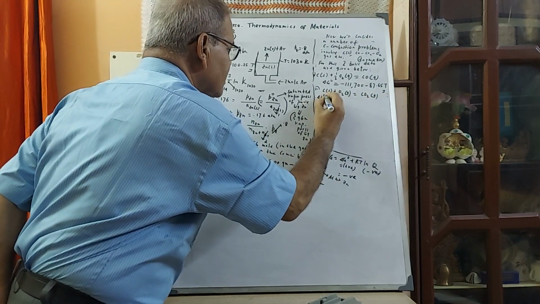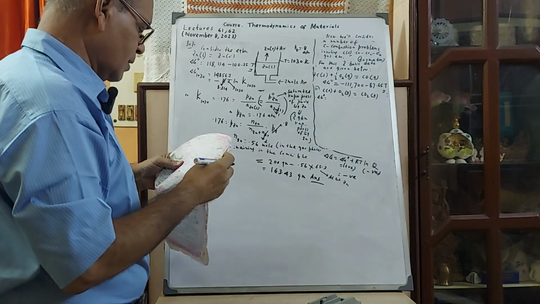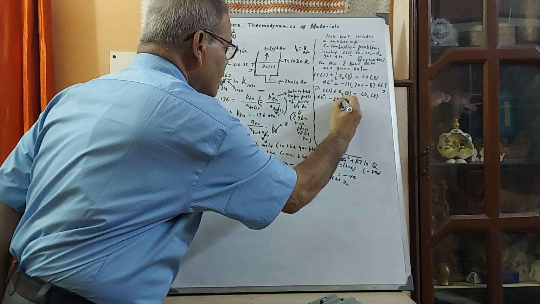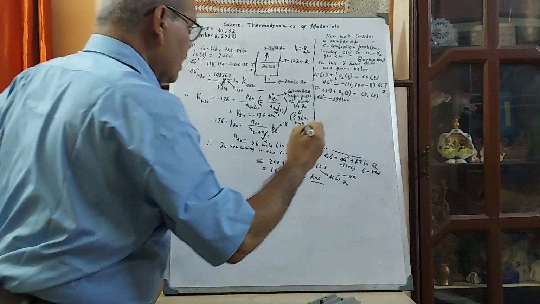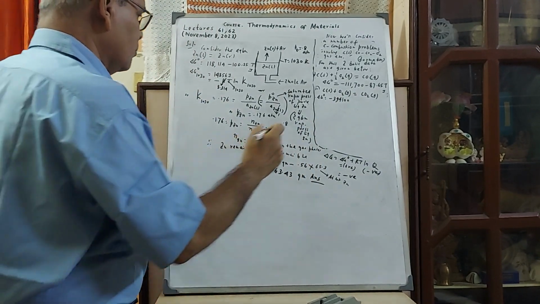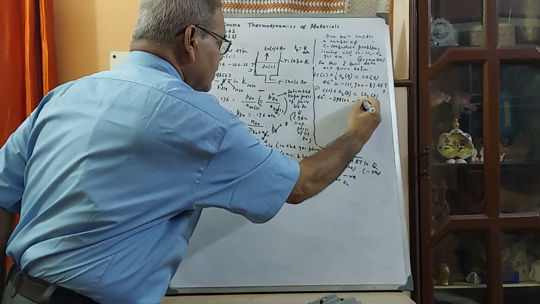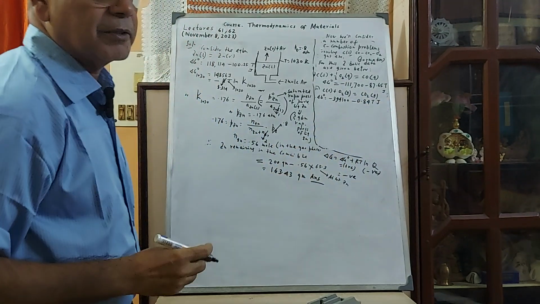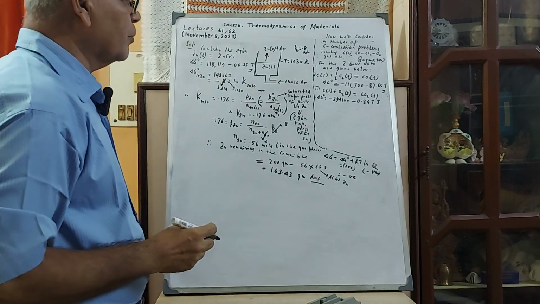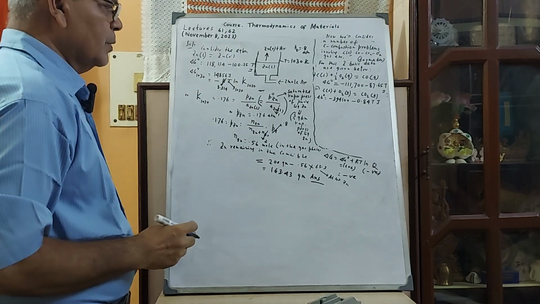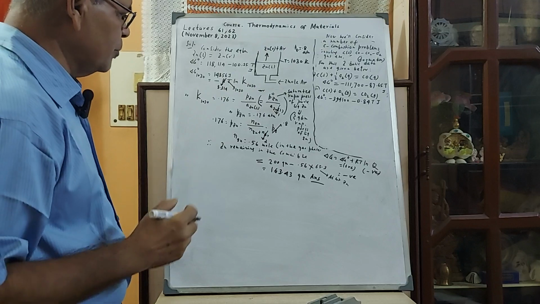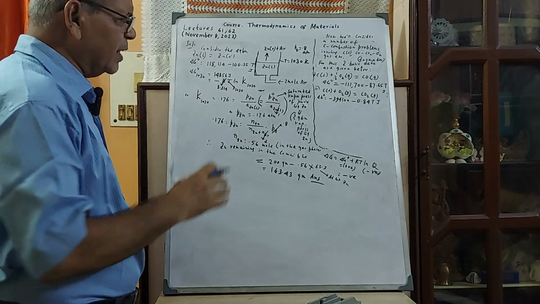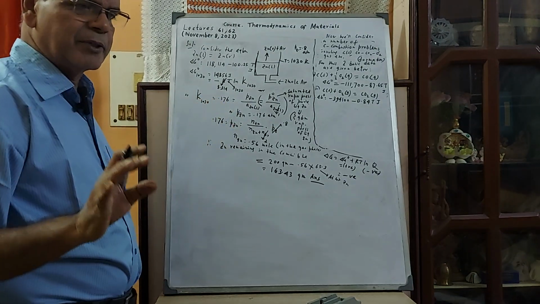Delta G0 is minus 394,100, and then minus 0.840 T, joule. I have given you these two data.